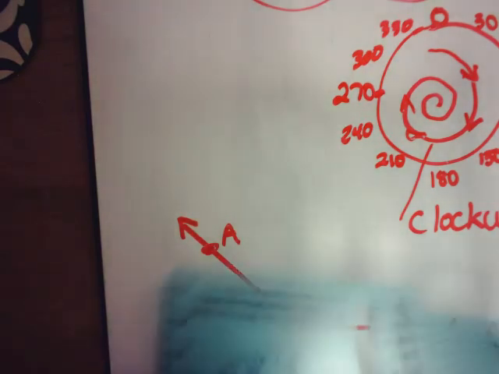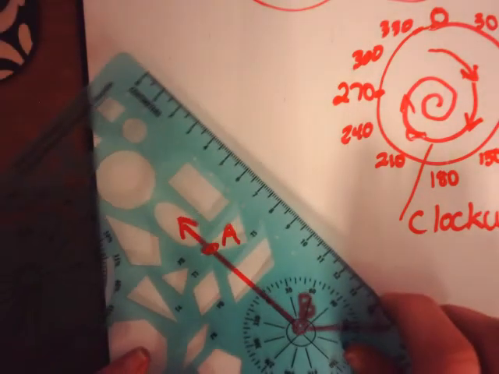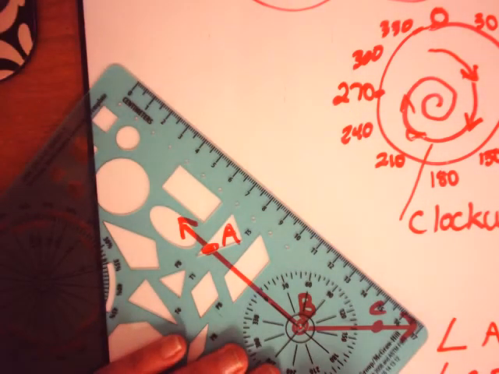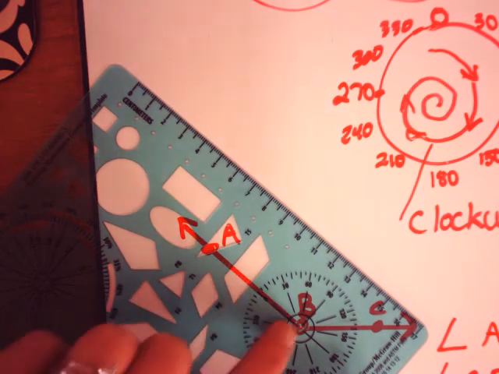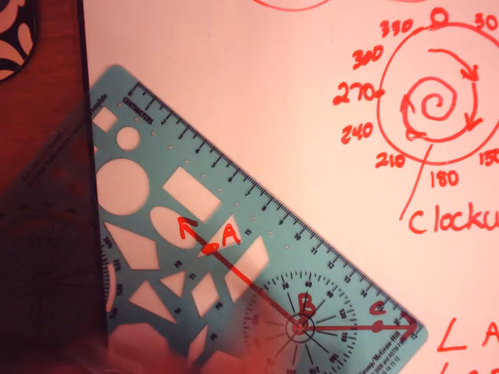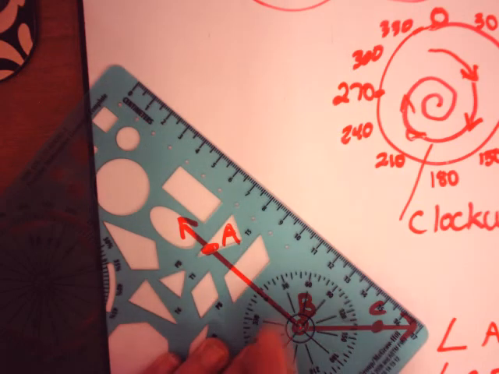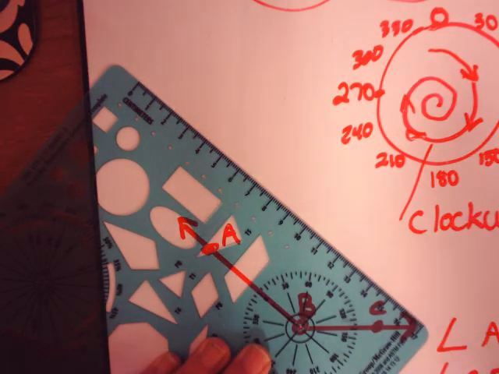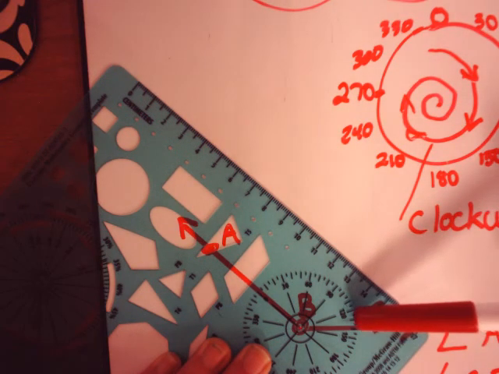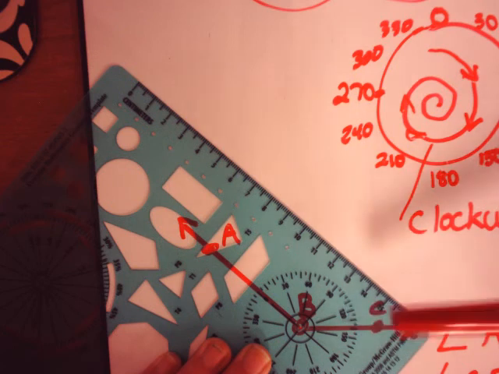So when I put this on the vertex, I need to move my full circle protractor so that that first side right there is on the 0. I know that it's red below there, but here's 330 and here's 30. So this is 0. Then I count and I see 30, 60, 90, 120. And now I realize there are some hash marks that are small and hash marks that are larger.